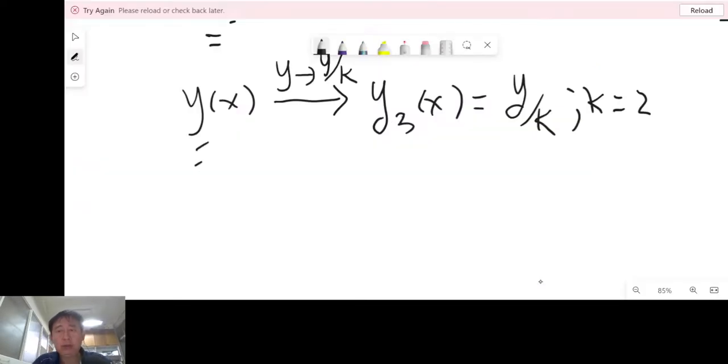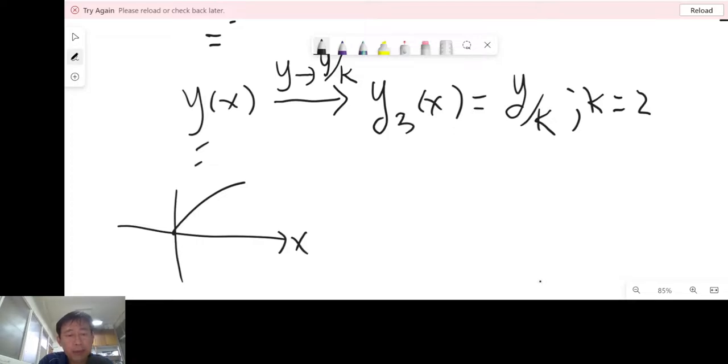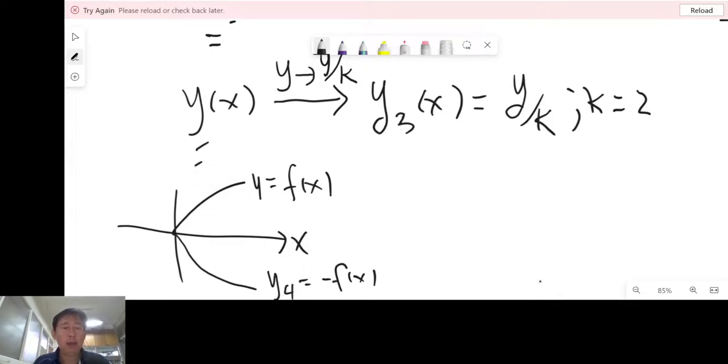The operation to reflect the function across the x-axis is graphically represented by this situation. If you have a function like this, when you reflect it about the x-axis, then you get this graph. So if this is y equals f(x), then the reflected version of it, which I call y4, is just equal to minus f(x), where you replace every single value of y by minus y. This is operated by replacing y3 by y3 times minus 1.